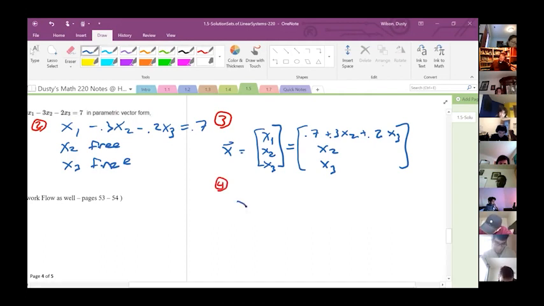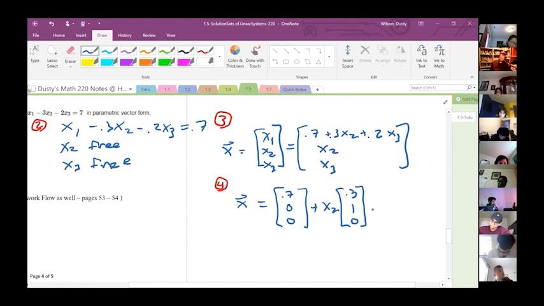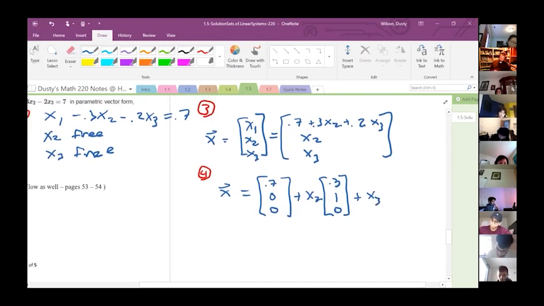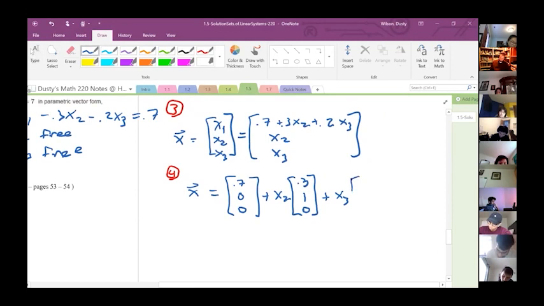So we're saying that our x is equal to <0.7, 0, 0> plus x2 times <0.3, 1, 0> plus x3 times <0.2, 0, 1>.